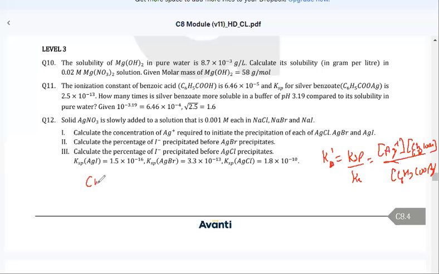Okay, so if you see the reaction, this K is given, Ksp is given. How many times is silver benzoate more soluble in buffer of this pH? Now the H plus concentration is given.